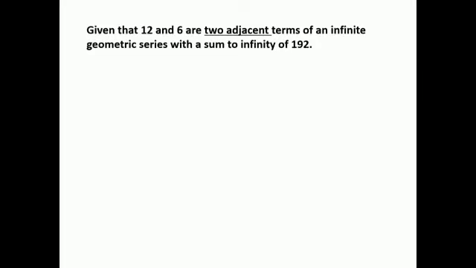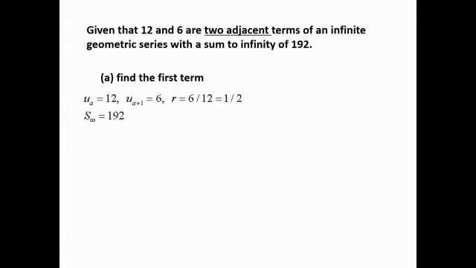So 6 divided by 12. You have to find the terms first. One term is 12 and the next term is 6. How can we find R? Yes, the term divided by the previous term. 6 divided by 12 is equal to 1 by 2, and S infinity is 192.